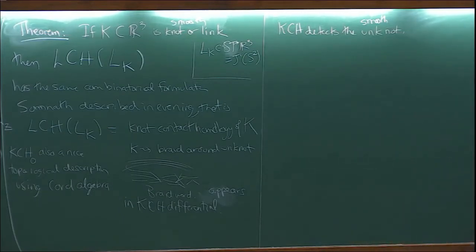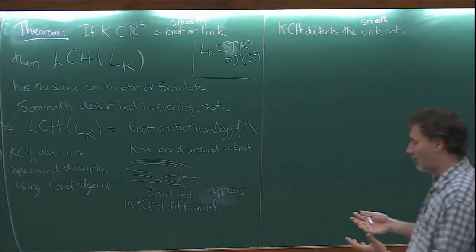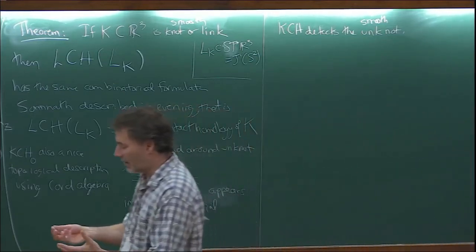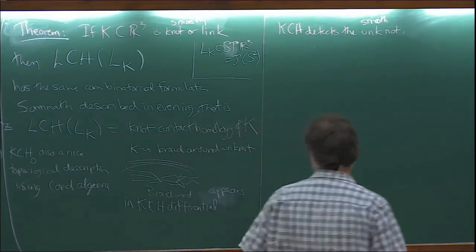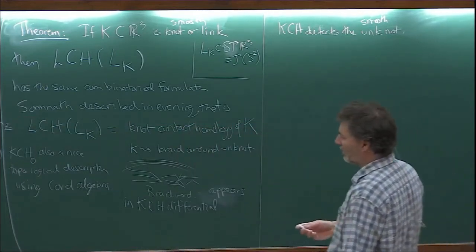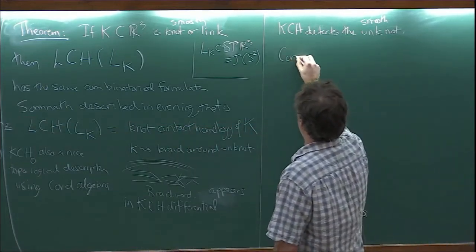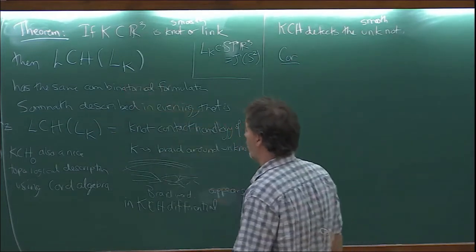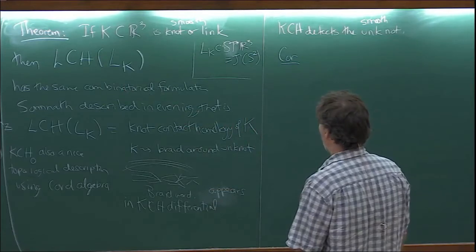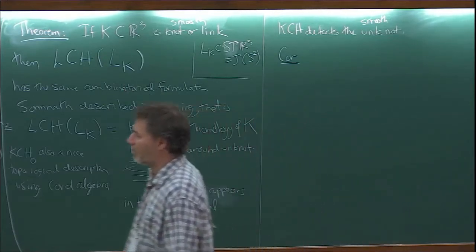So if you plug in a knot and the output is the knot contact homology of the unknot, you know that your knot is the unknot. That's what I mean by detects. And so in particular, LCH of this detects the unknot. So in particular, we have the converse to this statement.